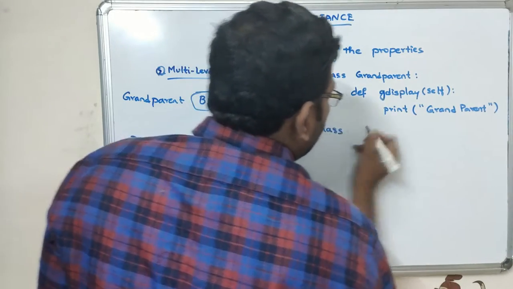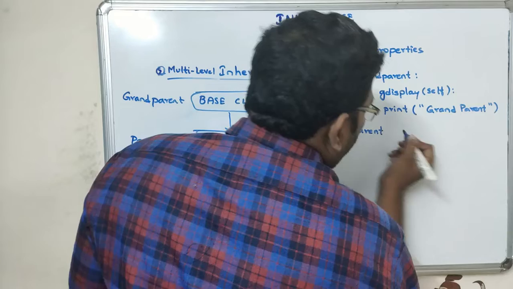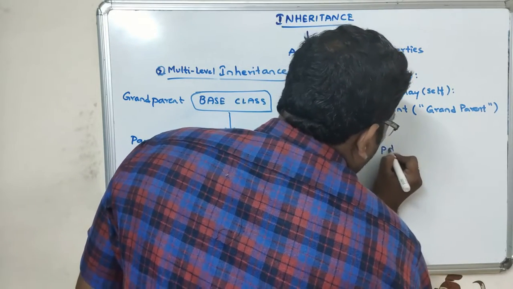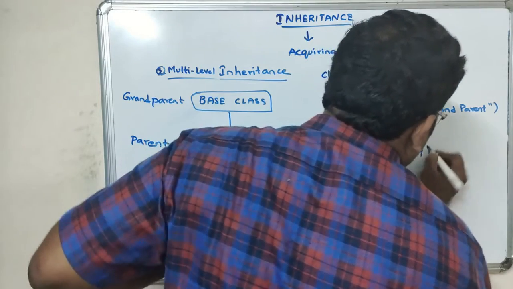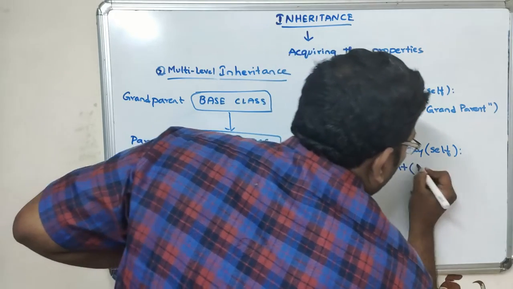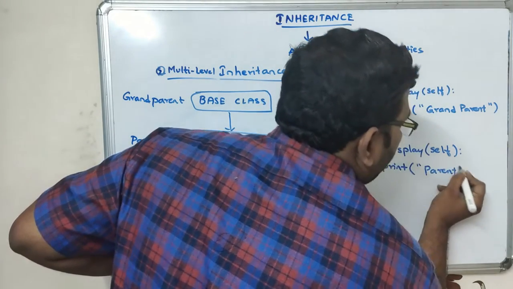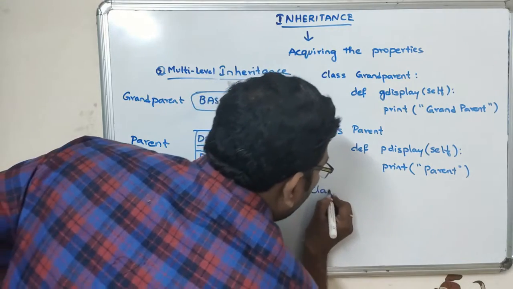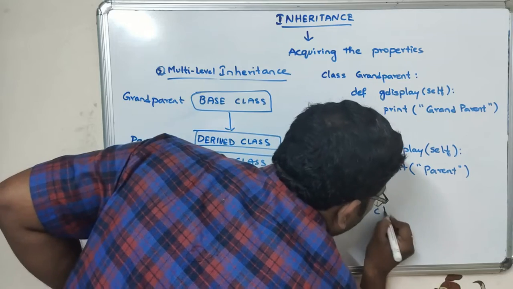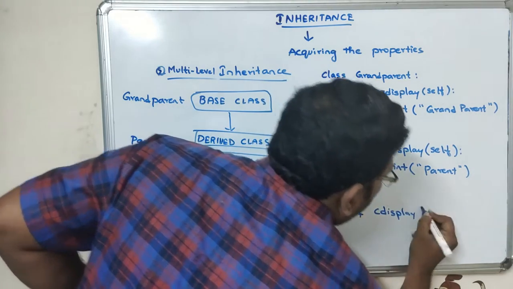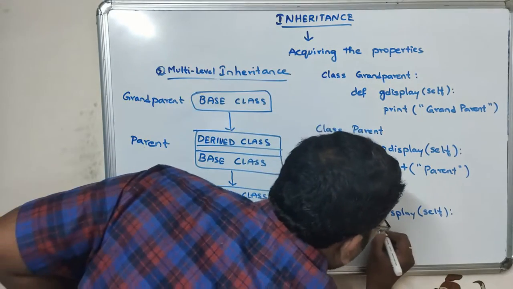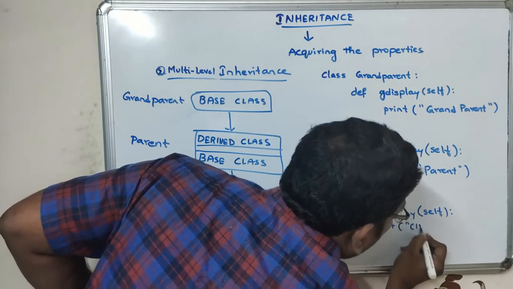Similarly, class parent: def p display self, print parent. Similarly, class child: def c display self, print child.